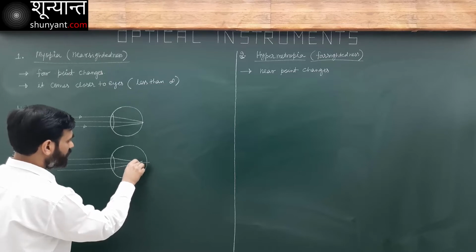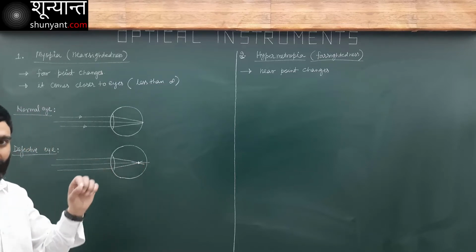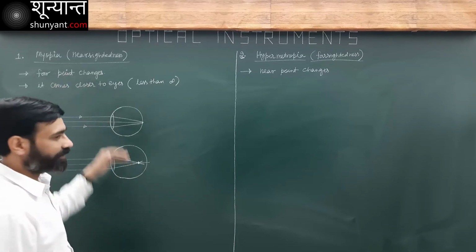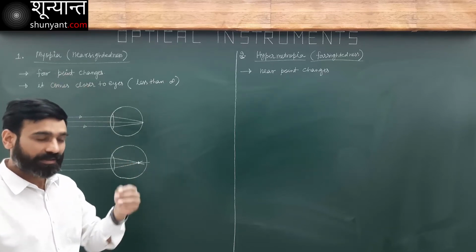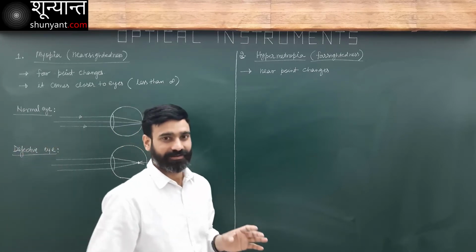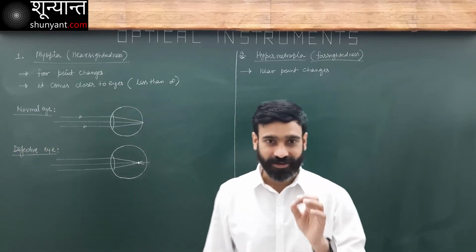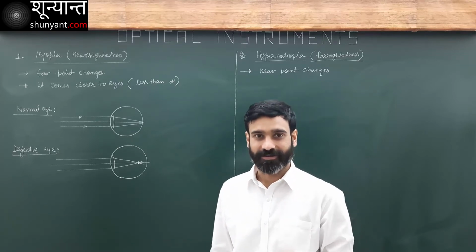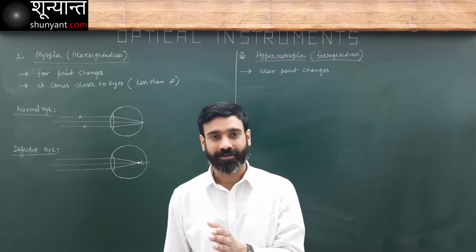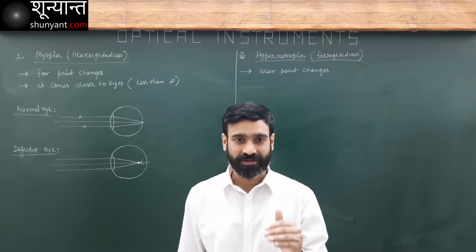This is where the image forms, and you have to remember this thing. In case of this defect, myopia, image forms in front of retina. To see the image clearly, the image must be at the retina. If the image is in front of retina or behind retina, in both cases, I cannot see it clearly.